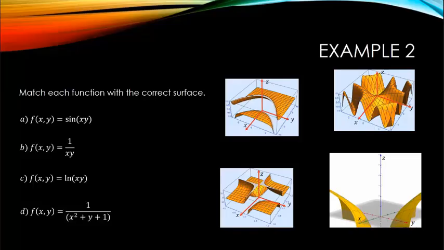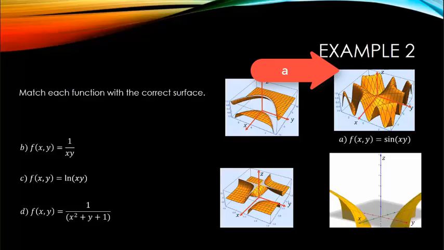The function will oscillate between positive and negative values over the entire domain, but it will be continuous. This means that the first function is going to match the function that oscillates and is continuous.